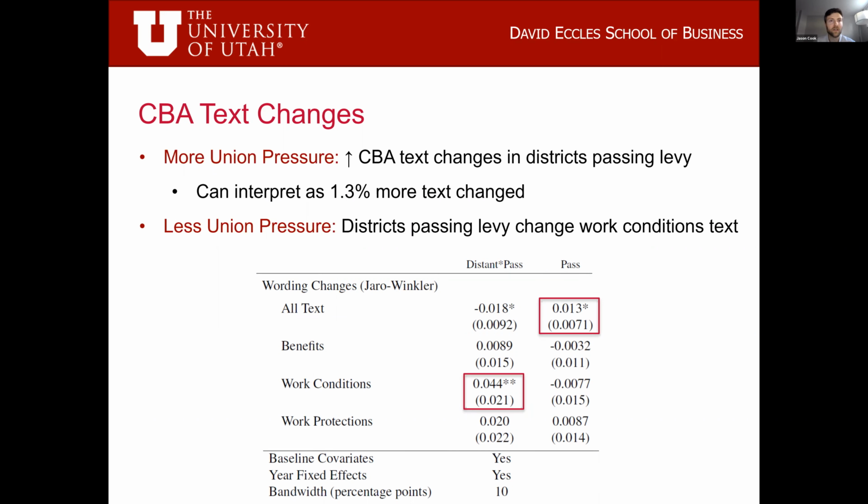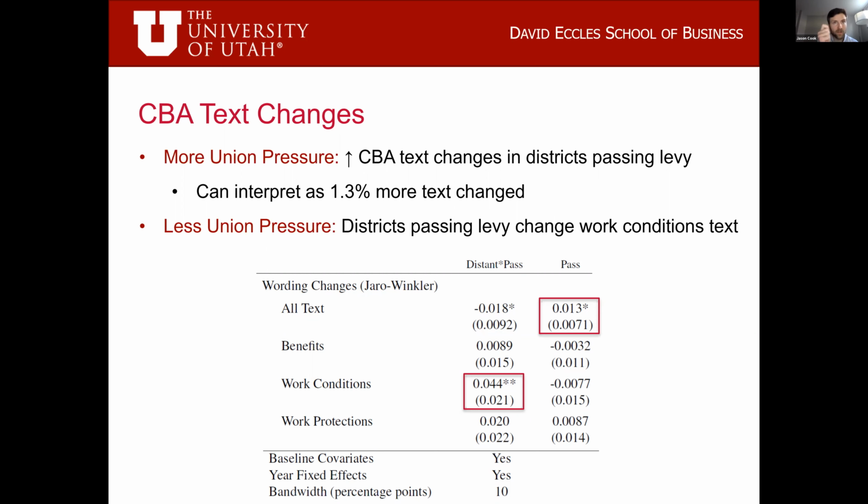These are the Jaro-Winkler scores. To remind you, this is the third column, depending on how you count columns. This final column tells you if you narrowly pass a tax referenda and you're a close district. So you pass a tax referenda in November and you're scheduled to collectively bargain that upcoming summer.